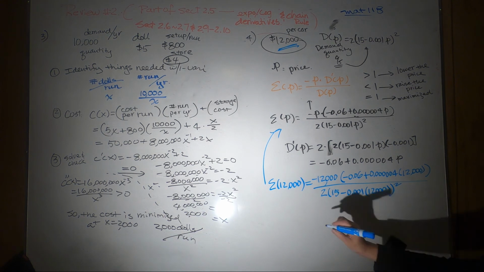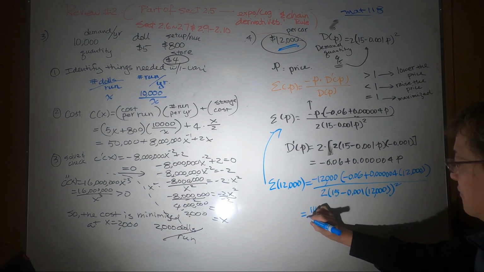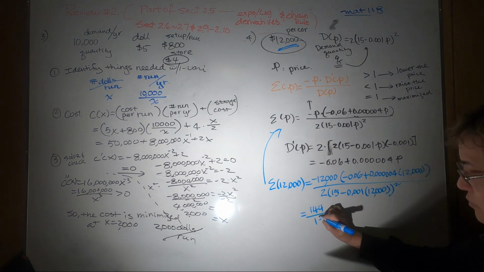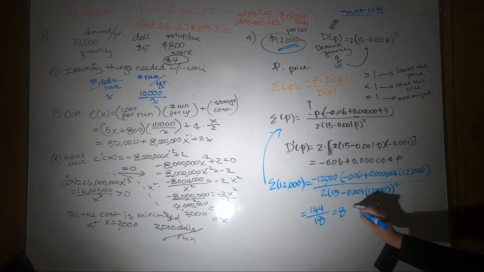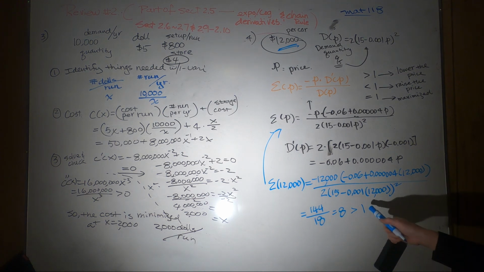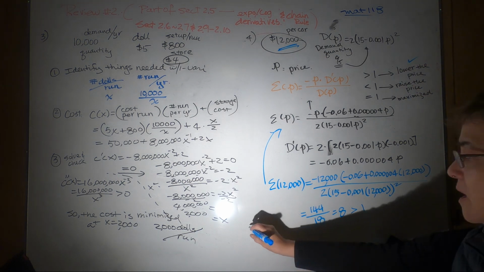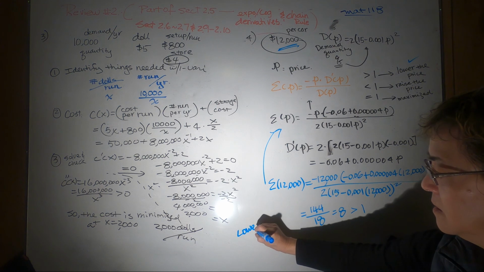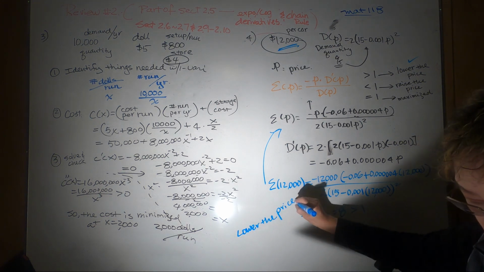Then use your calculator, right? So that would be 144. Make sure you get the right number. So that would be 8. Bigger than 1 or smaller than 1? So that would be this case. So it means what? Will lowering the price help or not?